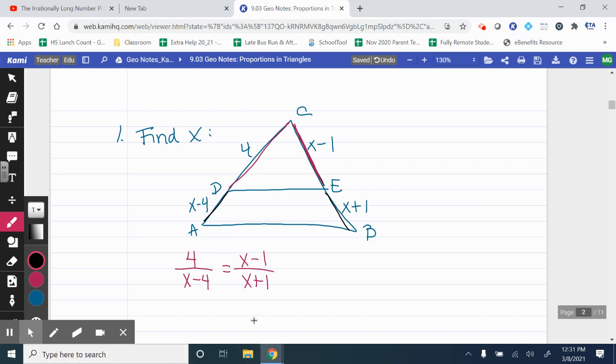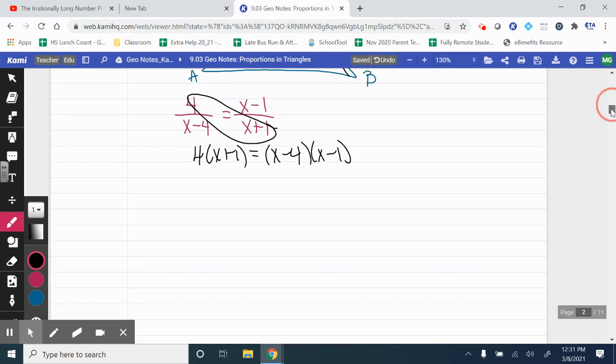All right, so you have a fraction equal to another fraction, so hopefully you're thinking about cross multiplying here. So I've got 4 times x plus 1 equals x minus 4 times x minus 1. And then you want to get rid of those parentheses, so we're going to distribute and FOIL. So we have x squared minus 1x minus 4x plus 4.